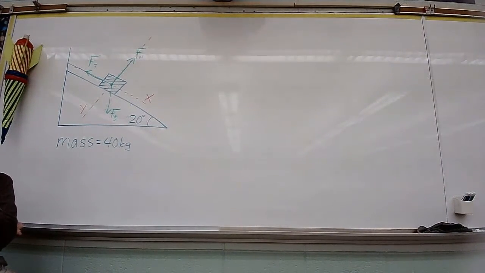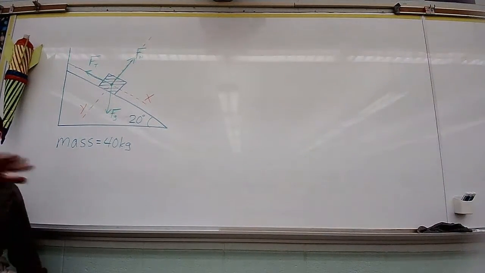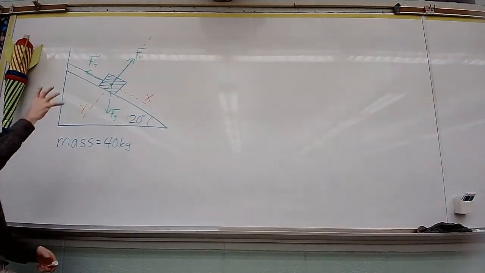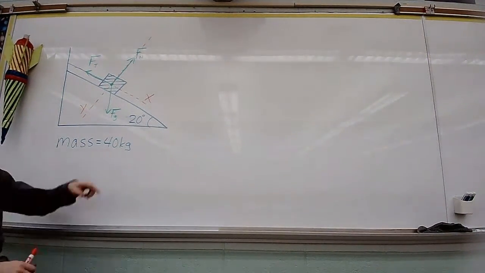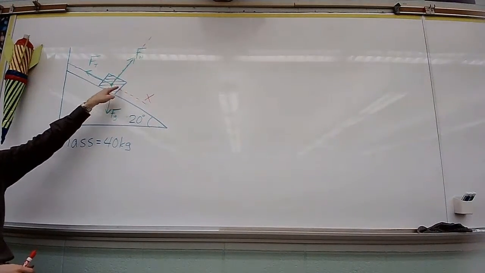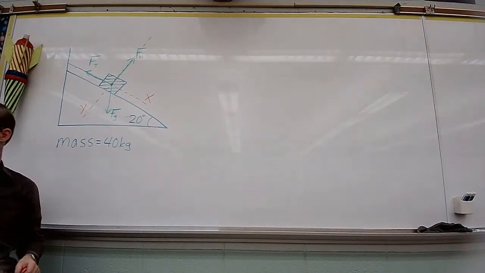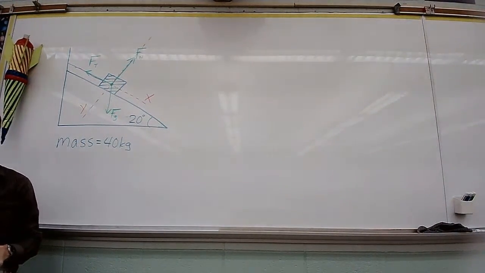Yes? I don't get it, because X is already this way and Y is this way. Yeah, X is usually horizontal and Y is vertical. But we can do whatever we want with those axes as long as we keep them perpendicular to each other. As long as there are 90-degree angles between them, we can rotate them or spin them however we want. And that's what we're doing here.